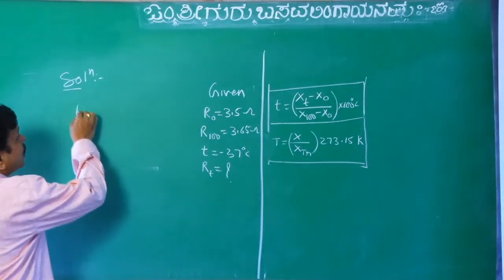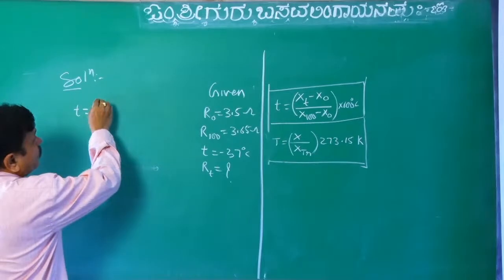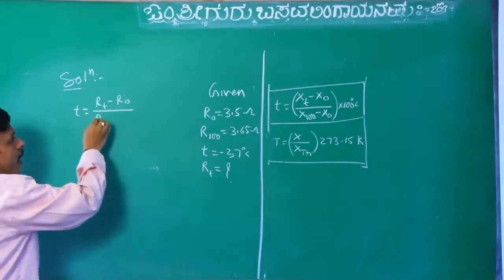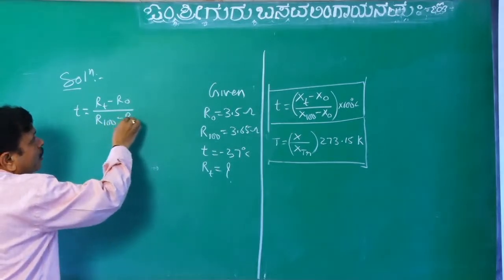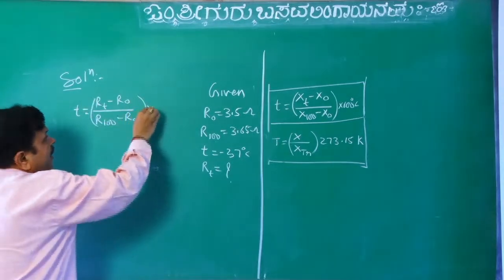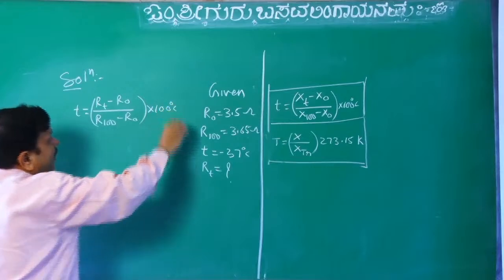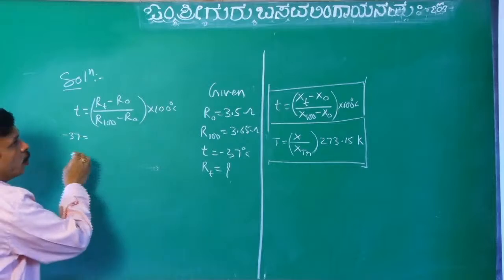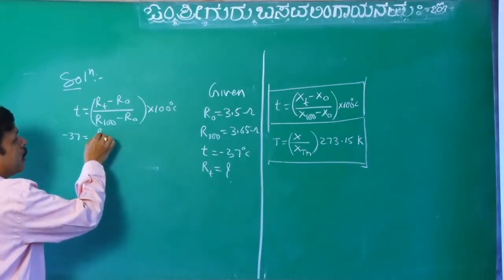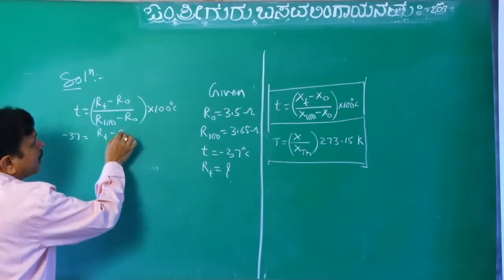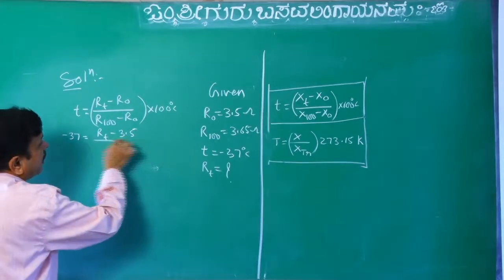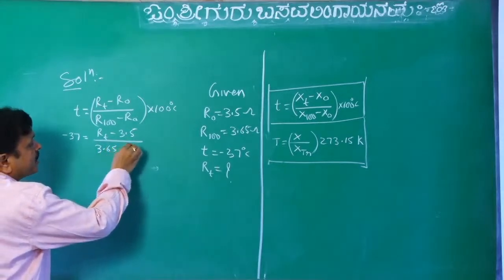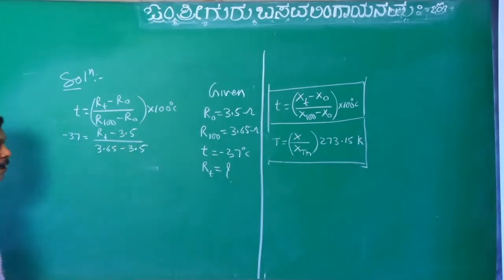So we get T is equal to RT minus R naught divided by R100 minus R naught into 100 degrees Celsius. T is minus 37, equal to RT, which is asked here, minus R naught, which is 3.5, divided by R100, which is 3.65, minus 3.5.